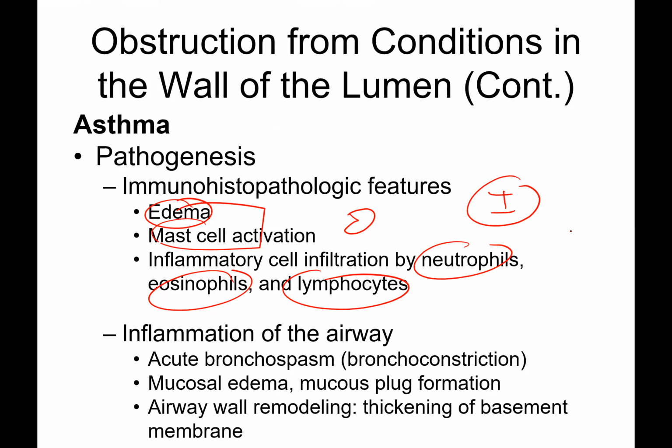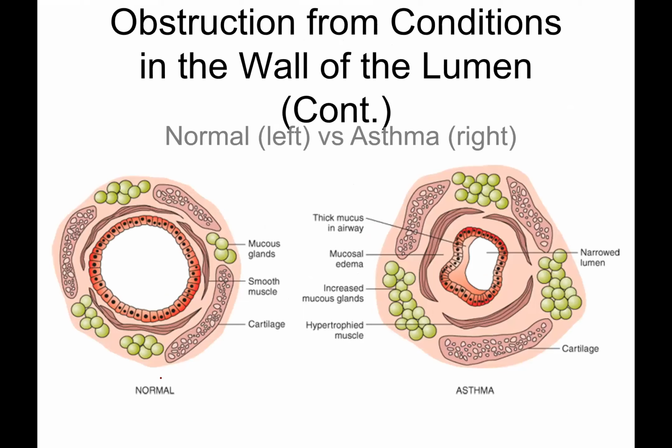And the inflammation can lead to bronchoconstriction, excessive mucus production and even mucus plug formation, right? Thickening of the basement membrane. All this stuff decreases your airway. So you go from nice and big and open to not very fun, and that is not happy.